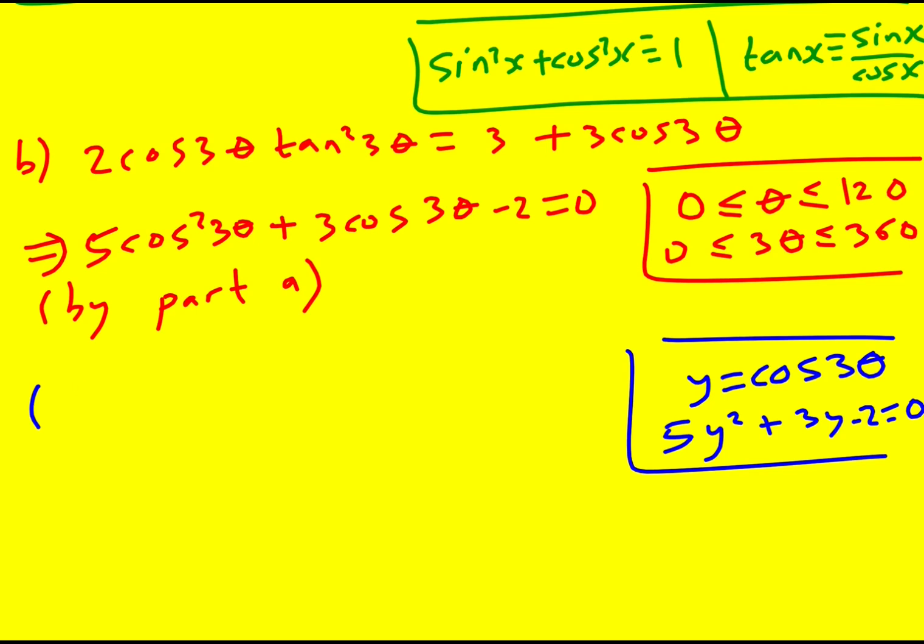Now, there's a few different approaches. We are told to do detailed reasoning, so you will be expected, I think, to show a factorization. It doesn't say you have to factorize. You'd have to write down the quadratic formula if you're using that. But this will factorize, and you'd kind of expect it to. So if it's going to factorize, it's got to be a 5 here and a 1 here. So 5 cos 3 theta and cos 3 theta.